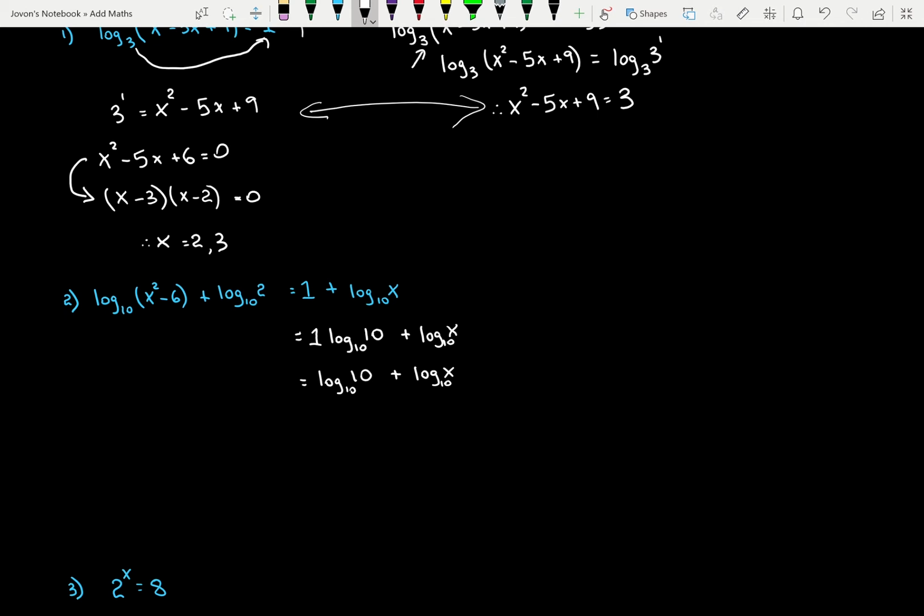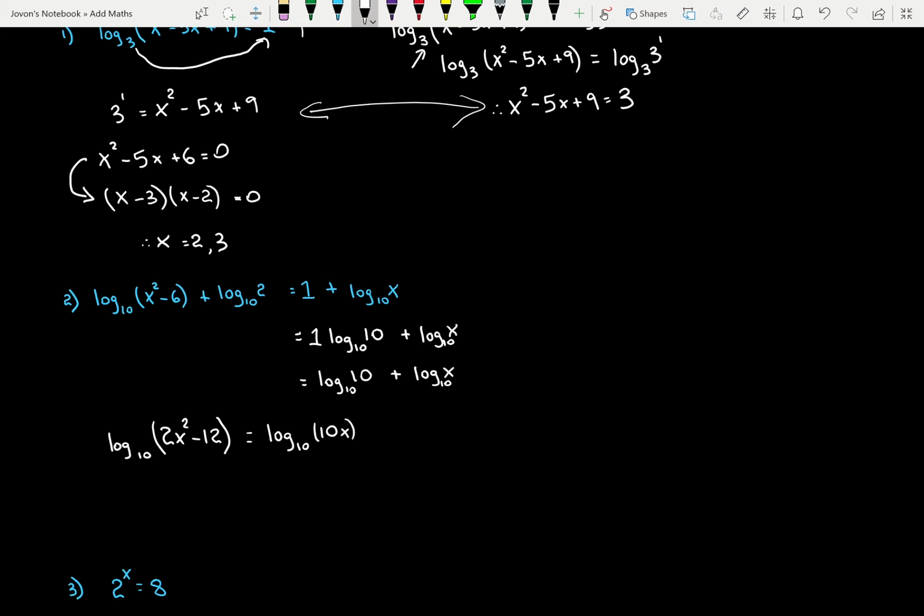What we could do now is combine all the terms on the left hand side, then combine all the terms on the right hand side, so we get one term on the left hand side and one term on the right hand side. So this now simplifies to log 10. Notice we added, so therefore we multiply, so it becomes 2x squared minus 12, is equal to, remember when we add logs we are multiplying, so it becomes log 10x.